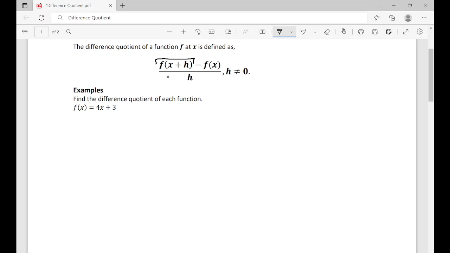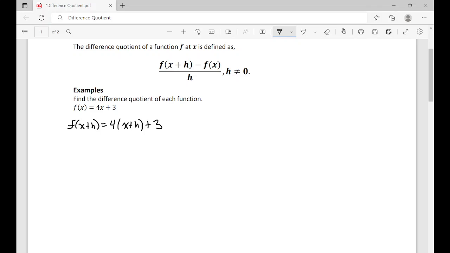That just means that wherever there's an x, you replace it with x plus h. In our function, we only have one x, so we can say 4 times x plus h plus 3. Again, all I did was replace x with x plus h.